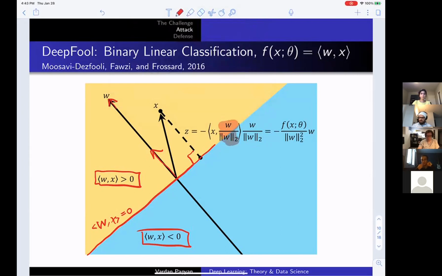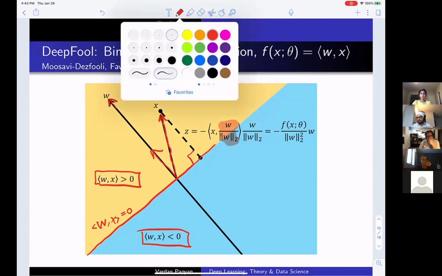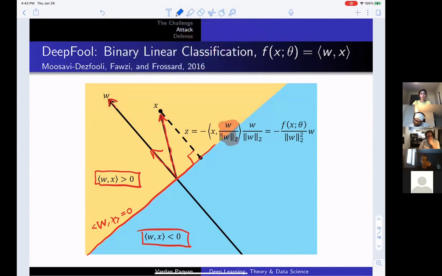Now, what we do is we take X, which is this vector right here, and we calculate a projection onto the unit vector. What does this projection give us? It gives us this blue vector, right? So this is what's happening here. You take X and you project it onto the unit vector, and you get the blue vector.